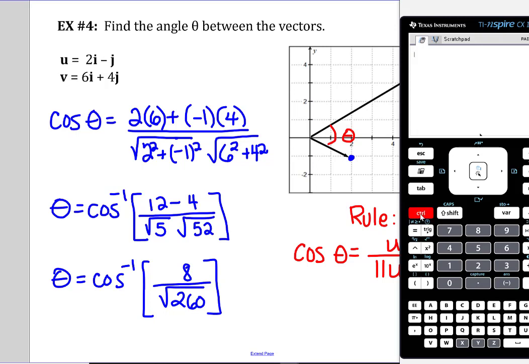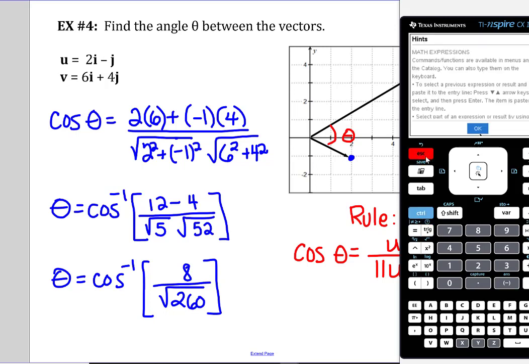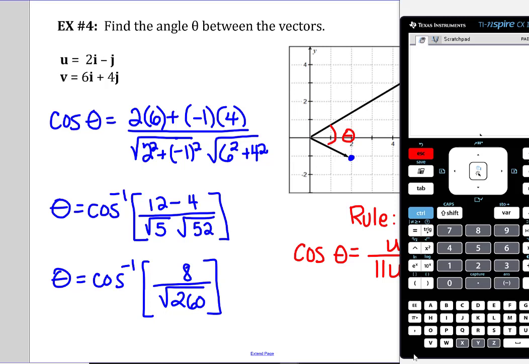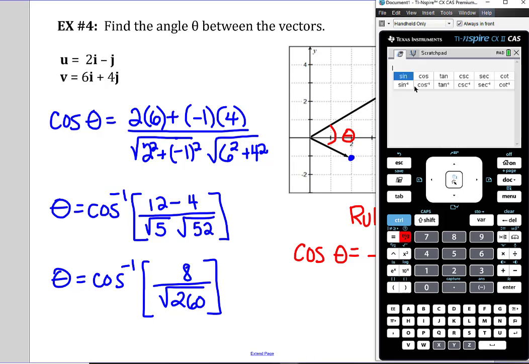Okay, we've got cosine inverse. We need a fraction. 8 in the numerator, and radical 260 in the denominator.